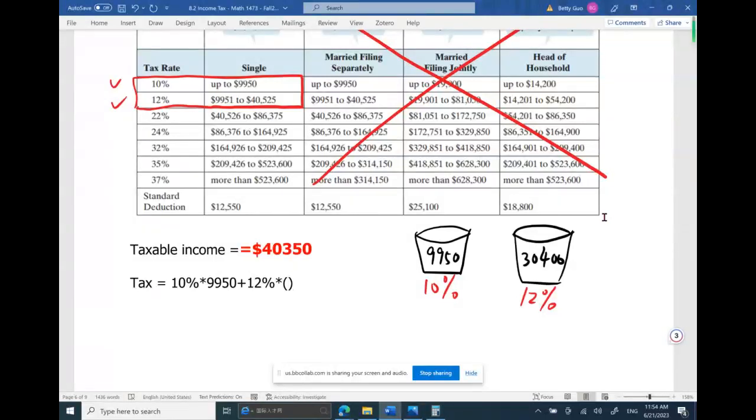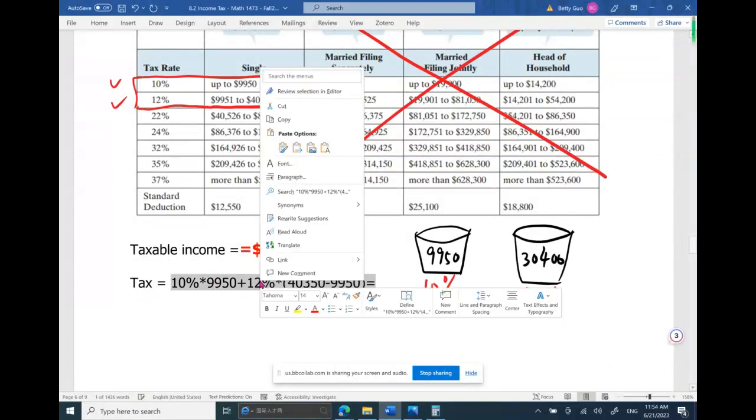How do you get the rest of your money? Your taxable income, 40,350 minus 9,950. Okay, and let's see what that amount is. Copy paste.